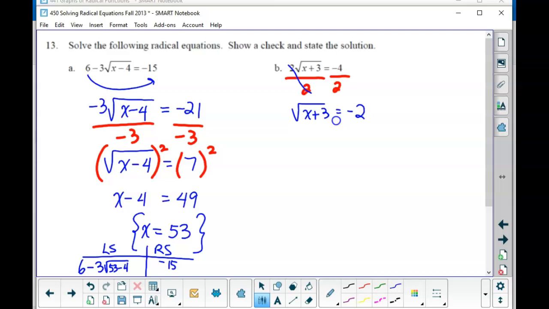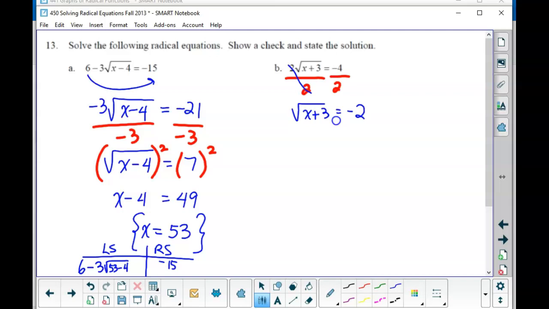So I divided by 2 because I wanted to get the radical by itself. This is a positive root. The number outside is positive. If this is negative, you can't take the root of it. So whatever x is will give you a positive number. How could that ever give you a negative? Or can it? No, right? There's nothing you could put in there that would make this positive root negative. So you could stop right now and say no solutions.